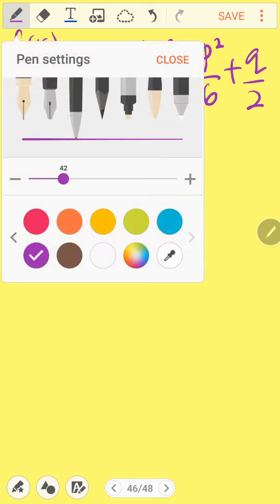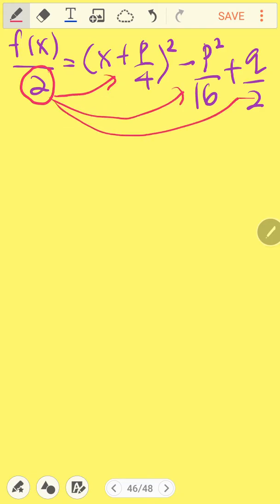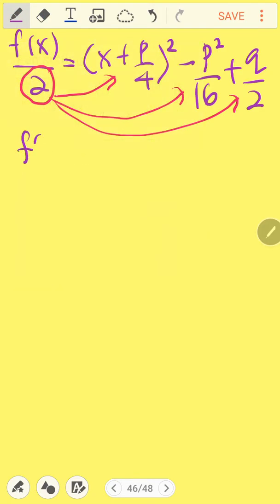Now it's time for us to welcome back the 2 that we have set aside before, and we multiply back to all these terms. So it's going to be 2 bracket x plus p over 4.